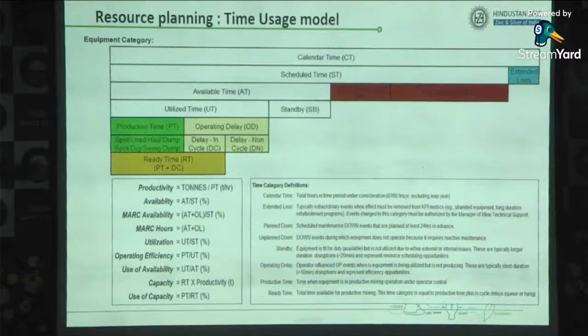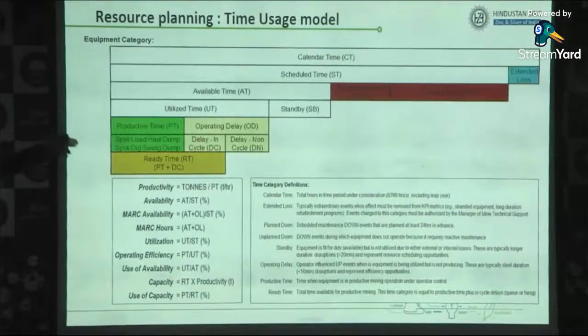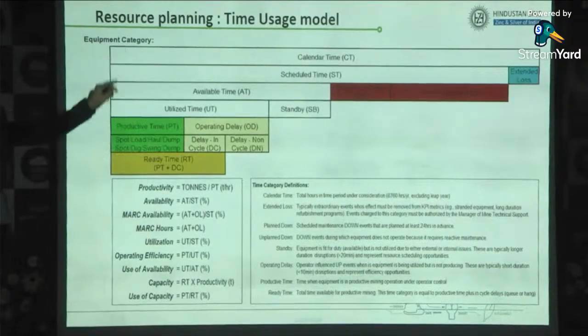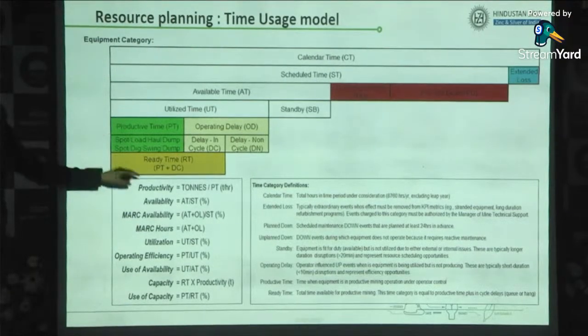So utilized time will be for our mining operation. Then from that utilized time, how much is productive time and what is operational delay. So the final product is real time from calendar time to real time. This is the most working time that we are getting.